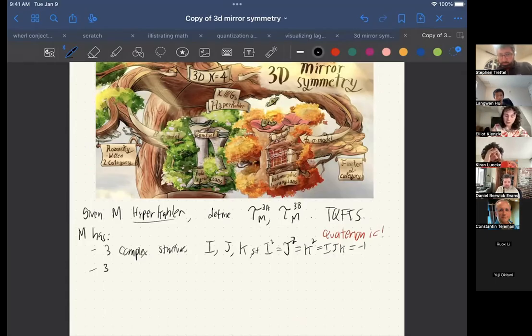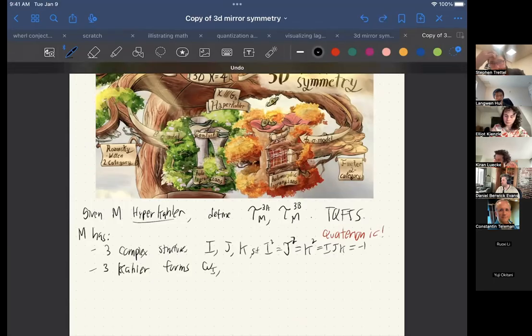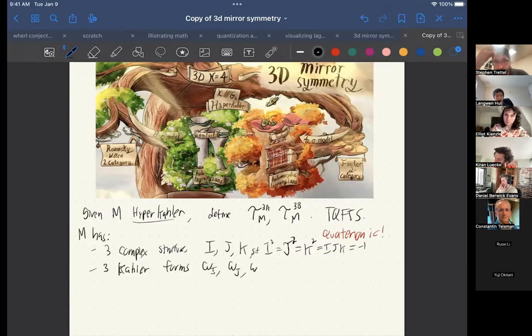That means that we have three compatible Kähler forms associated to each of these complex structures. Okay, and together this gives us a holomorphic symplectic structure. This is a thing that's weaker than hyperkähler because it doesn't have quite as much metric information.